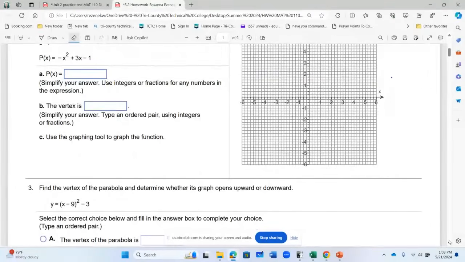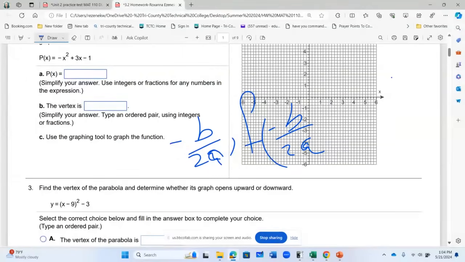But look at this question. If I'm told to use the formula to find the maximum point, this is what I'm going to do. I'll be given this formula: minus b over 2a, f of minus b over 2a. Okay, so this is the formula for finding the maximum point.